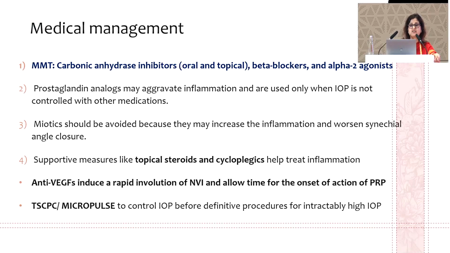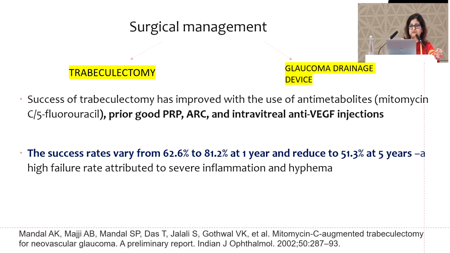Most of these patients often require maximal medical therapy, and the pressures are still not controlled with that. Sometimes we have to resort to cyclodestructive procedures, graded TSCPC or micropulse, to control intraocular pressure so that we can perform PRP before taking up the patient for definitive glaucoma surgeries.